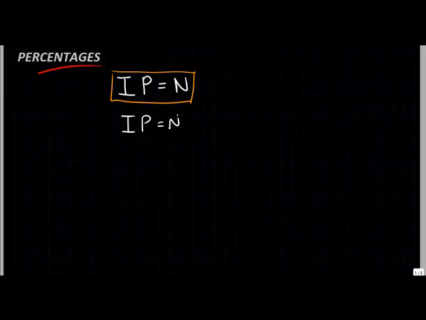So usually in a percentage problem, you're given two of these values. You're given an initial amount affected by a percentage, or you might be given an initial amount and a resultant or new amount, and you have to work out the percentage change, or you're given a percentage change on a particular item, and that gives you a new value, and you're trying to work out what the starting cost was. So one of these three things is unknown.